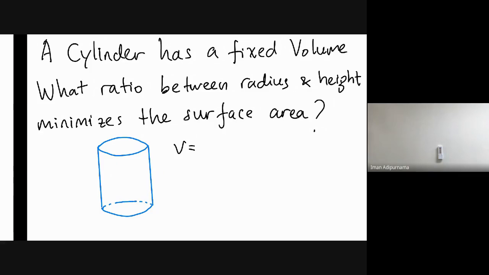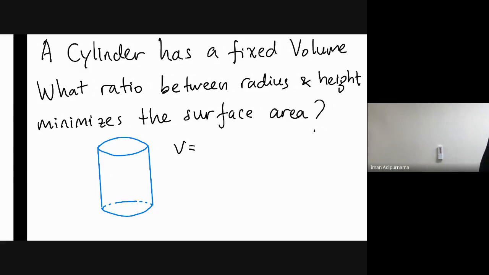Usually all three-dimensional objects start from the area of the base times height, right? It's always the case. If you have a trapezoidal or rectangular, it's always the area of the base times height.